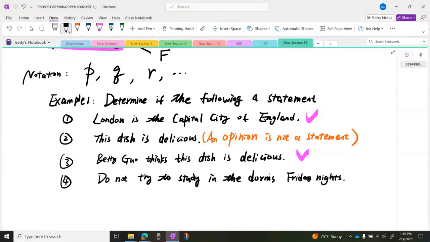What do you think about this sentence? Do not try to study in the dorms on Friday nights. Does this sentence give a fact or a lie?